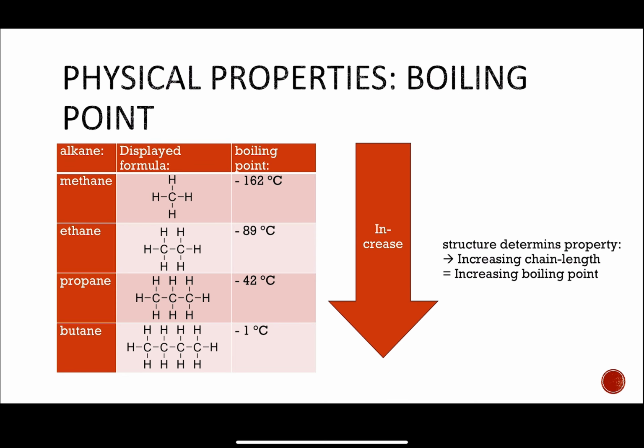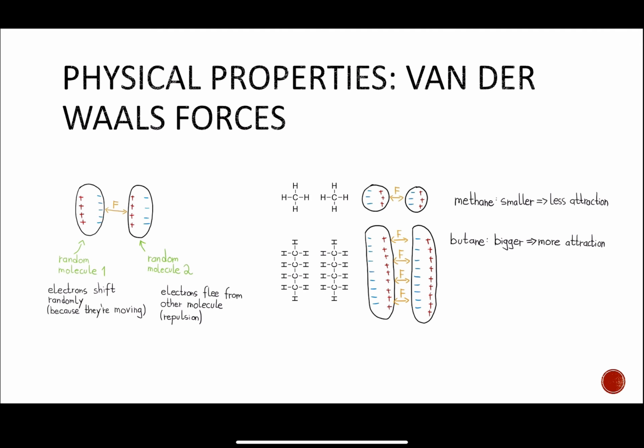Well, why is this? To understand that, we have to look at the so-called van der Waals forces. How do they come into being? Let's look at the left. We have a random molecule, and in this molecule we have electrons.